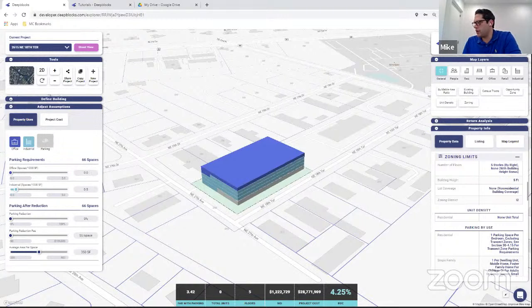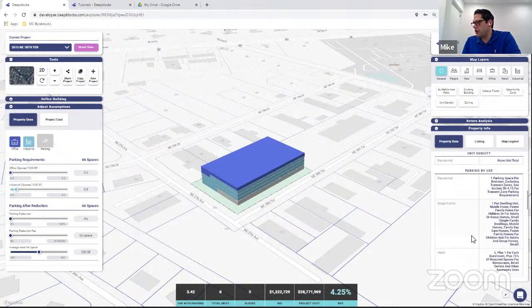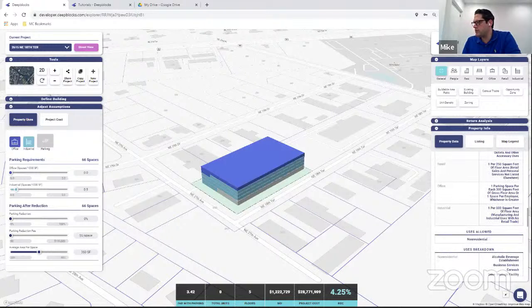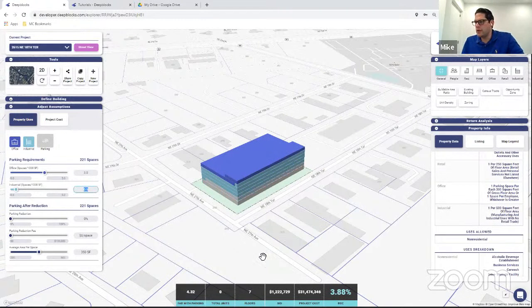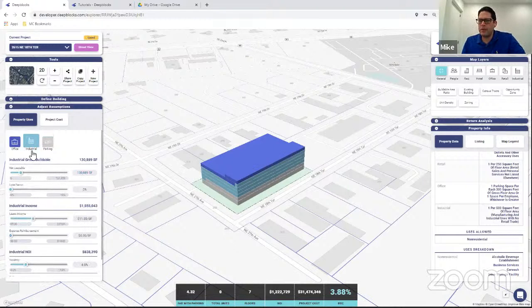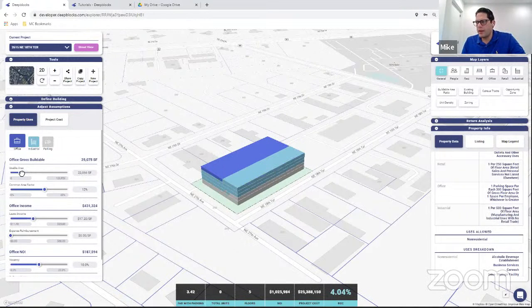Now we got to add the parking in. Parking by use for office would be 1 parking space for each 300 square feet. So basically 3 spaces. So it's back up to 7. So again, you kind of have to work on the parameters a bit to get within the constraints of the zoning. But right there, you can see we have maybe a little bit of office there on the top.